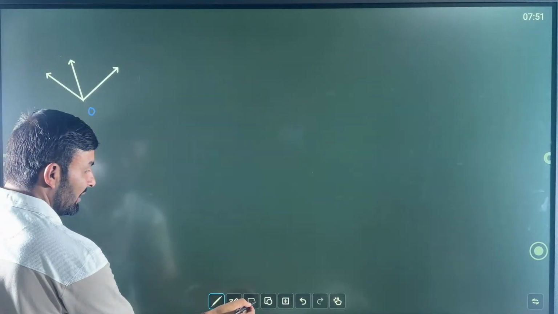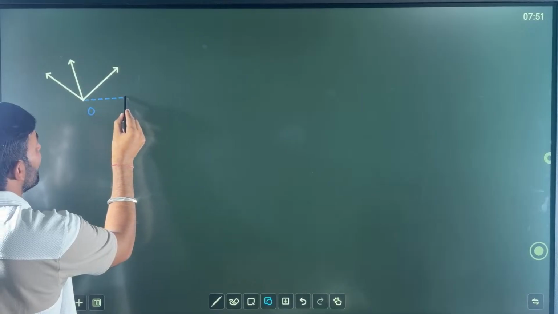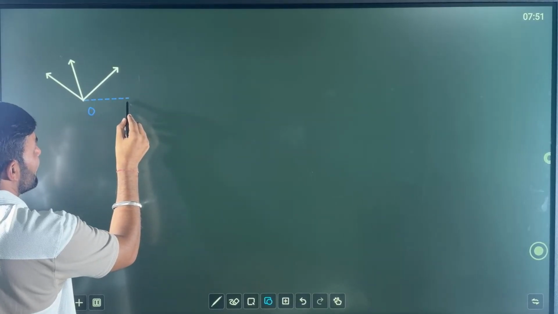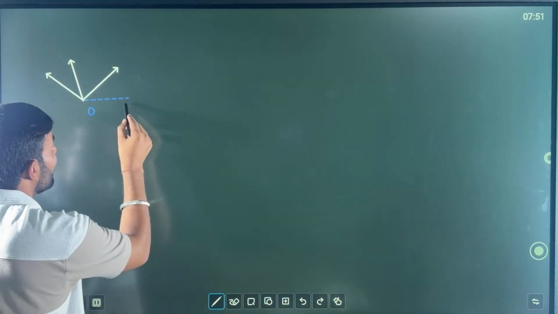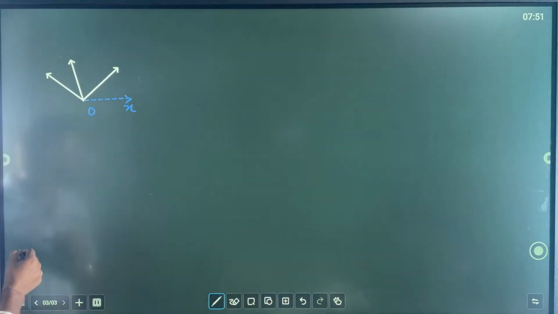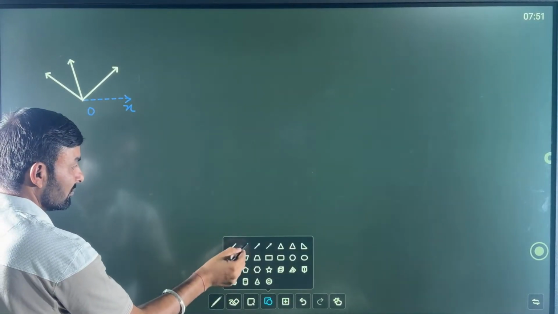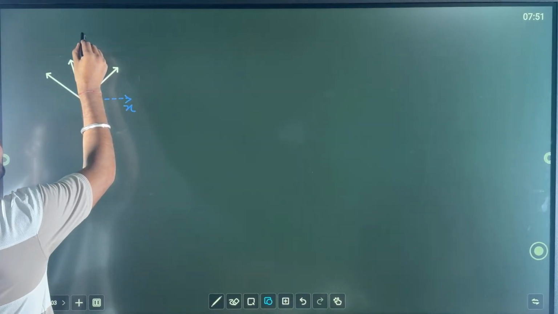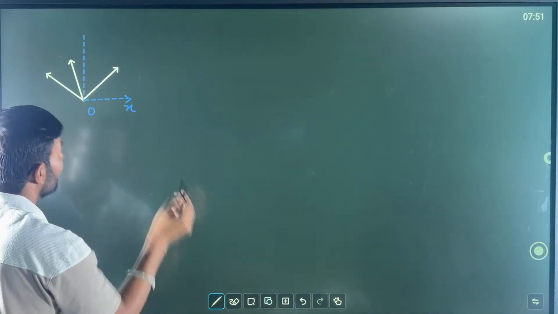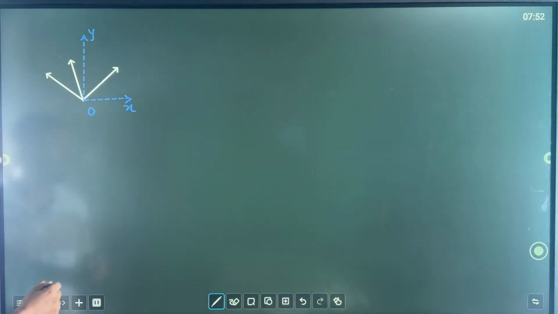Let me take one particular direction over there, the OX axis, my dear friends. Be careful. And let me take here also the OY direction. This is the OY direction, my dear friends.